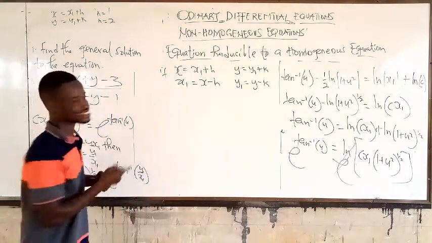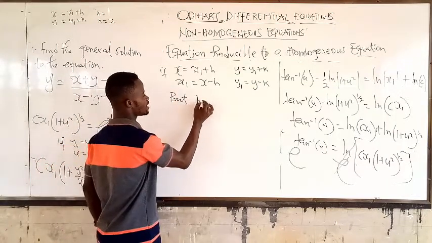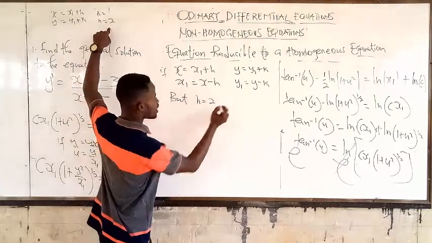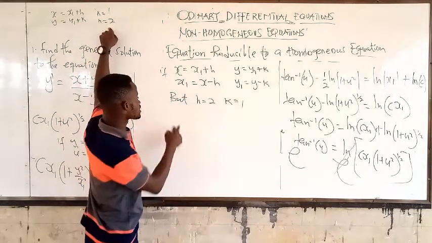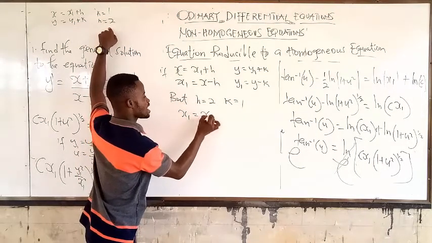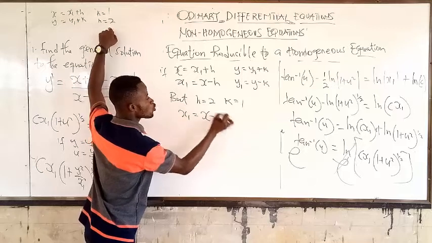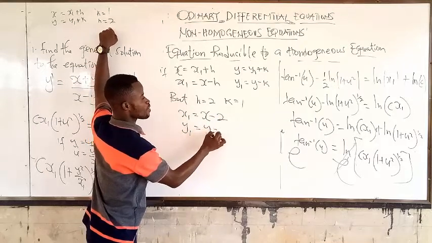But h is 2 from here. k is 1. So by substitution, x1 is what? x minus 2. y1 is what? y minus 1.